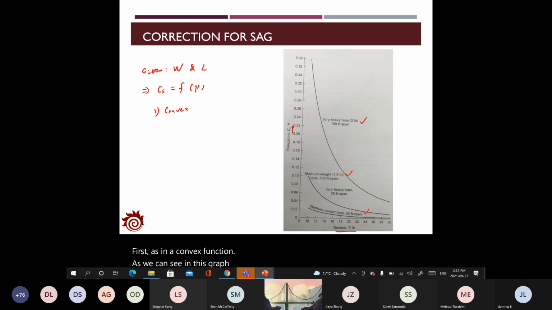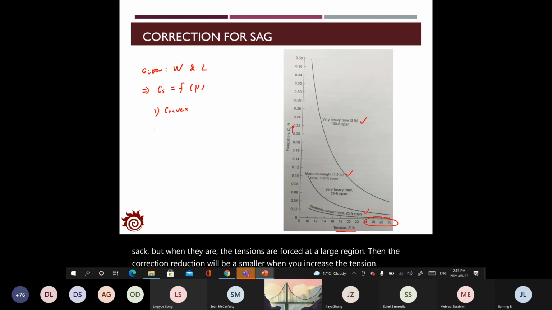The correction reduces significantly when the tension is small. In a smaller region, if you increase the tension, you will have significant reductions in the correction for the sag. But when the tension is at a large region, the reduction will be smaller when you increase the tension. We can see the convex and decreasing relationship. Basically, with larger tension, the correction for sag would be smaller.